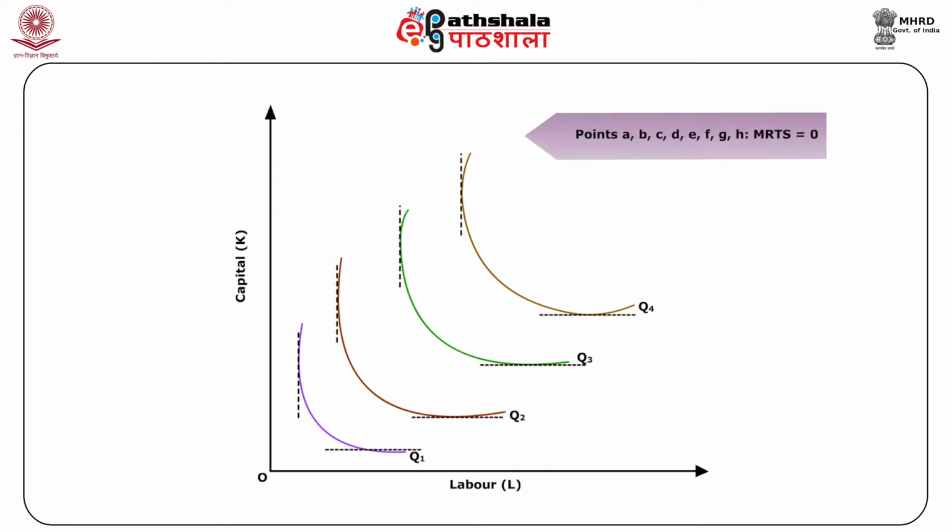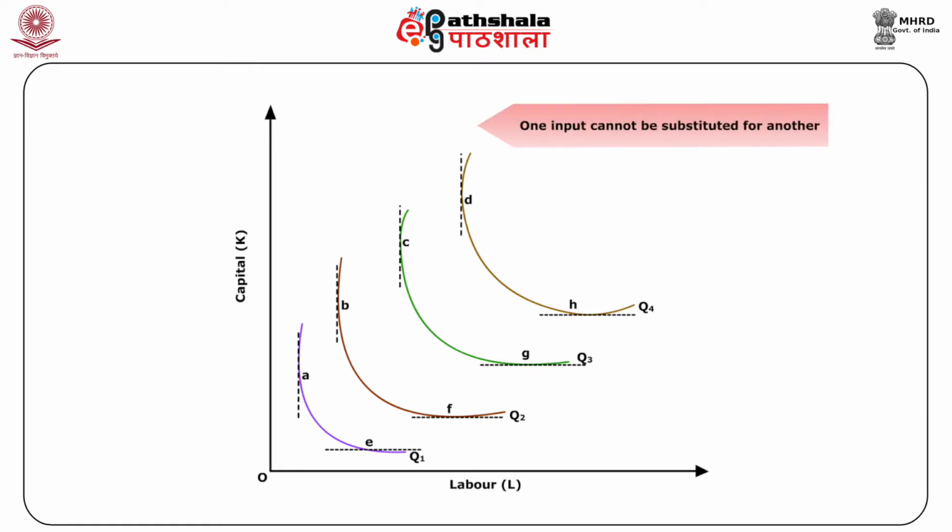Hence, points A, B, C, D, E, F, G, H are the points where MRTS is equal to 0 and one input cannot be substituted for another anymore. That is, the minimum amount of one input required for the production of the other.